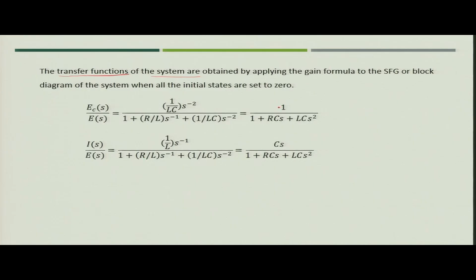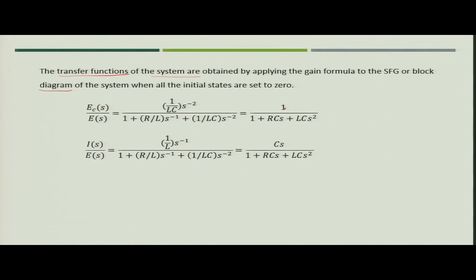With the help of the signal flow graph or the block diagram which we just saw, we can compile this information. We can write EC by E, that is the transfer function for output EC.